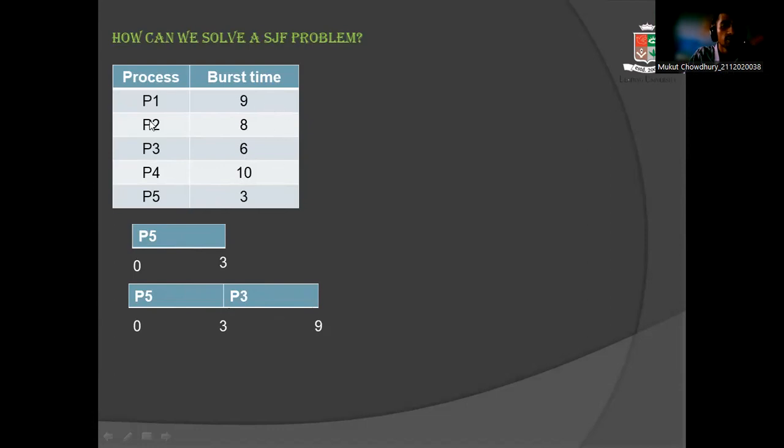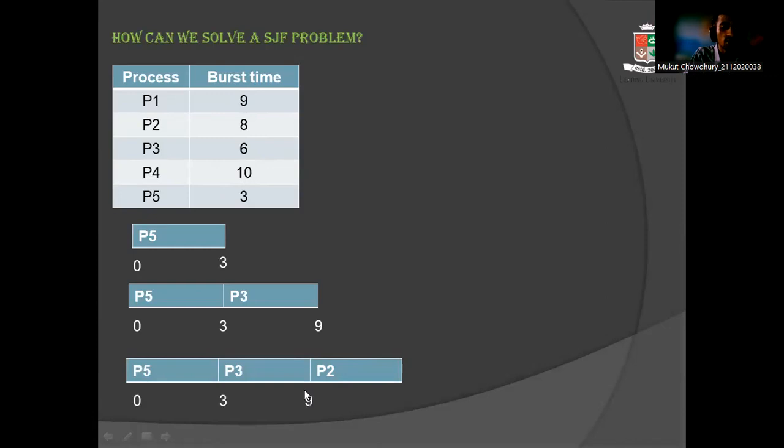There are three processes remaining: P4, P2, and P1. We can see that P2 is the shortest in the remaining processes. So P2 will come because the burst time of P2 is lower than P1 and P4.